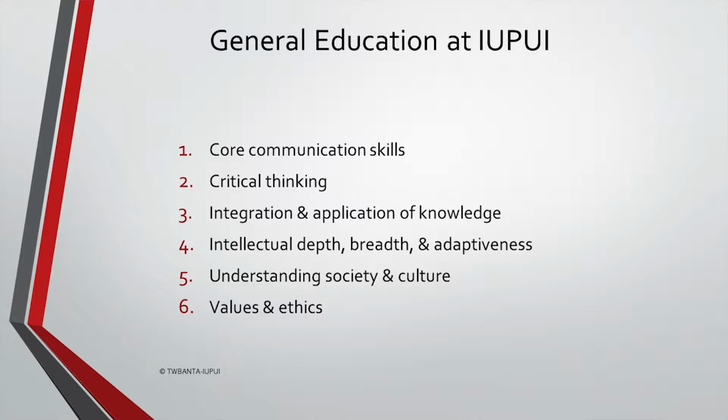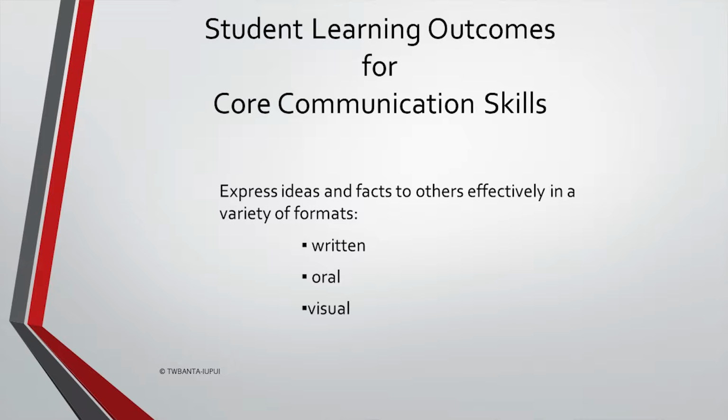At the program level, that communication skills might be translated to an outcome that says to express ideas and facts to others effectively in a variety of formats: written, oral, and visual. So taking the campus level goal and coming up with a more specific outcome at the program level.